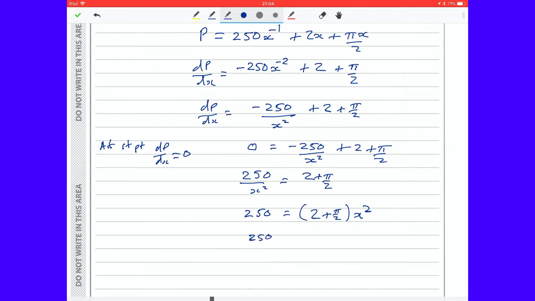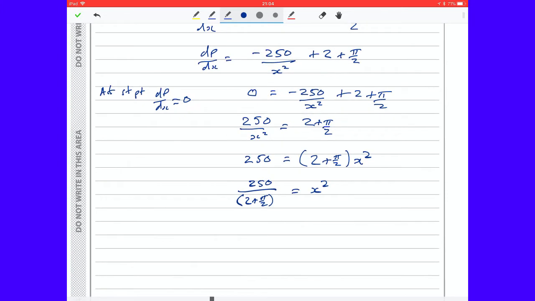So 250 divided by 2 plus pi over 2 is equal to x squared, which means that x is the square root of 250 over 2 plus pi over 2. And if we put that in our calculator, we get x equals 8.367. Taking it to 4 significant figures, and I'll round to 3 significant figures when we get the final answer.